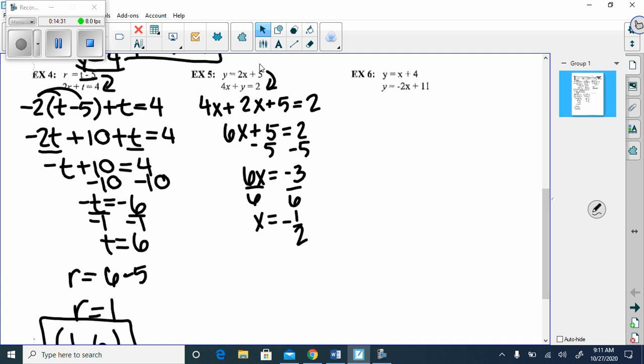It's probably going to be easier if we plug it into the top one, right? So I'll have y equals 2. Instead of x, I plug in negative 1/2 plus 5. So what is 2 times negative 1/2? Negative 1 plus 5, and what is negative 1 plus 5?